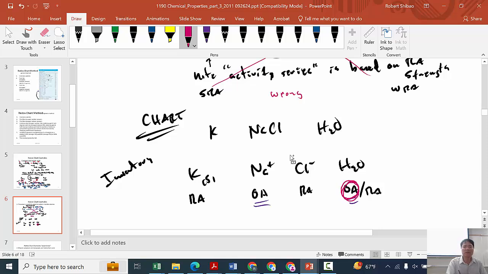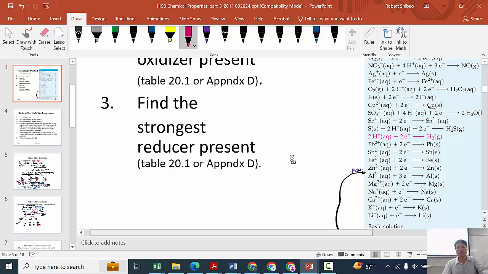Now we have three reducing agents: potassium, chloride, and water. So we'll go back to the chart and look at the reducing agent strength.